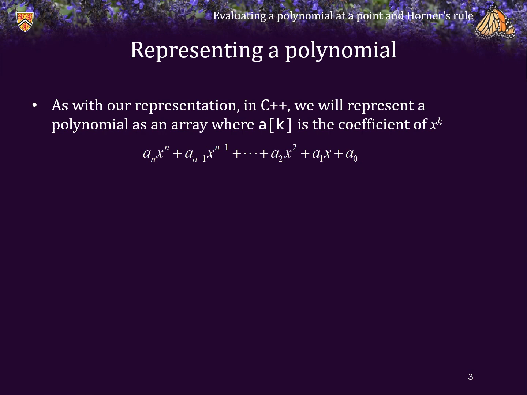So the array entry A_k is going to be the coefficient of x to the k. So, for example, here we have a polynomial of degree 2 with coefficients 2, 3, and 1, 2 being the constant coefficient, 3 being the coefficient of x, and 1 being the coefficient of x squared.